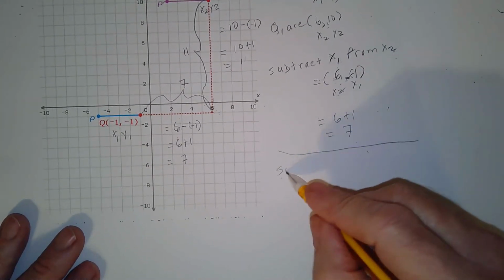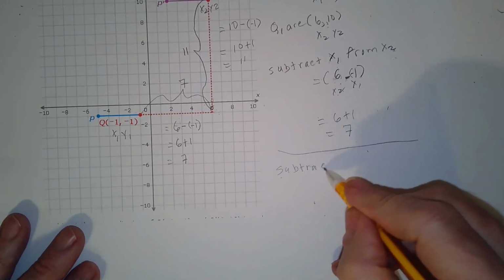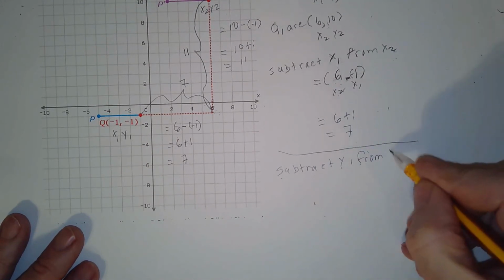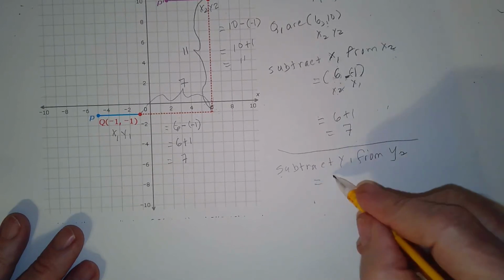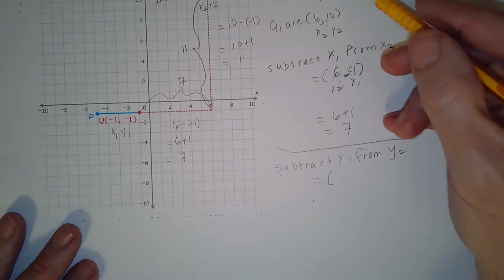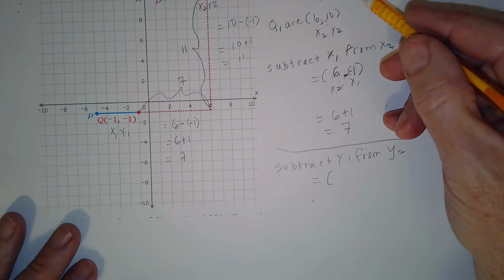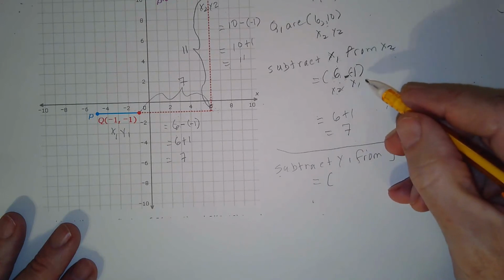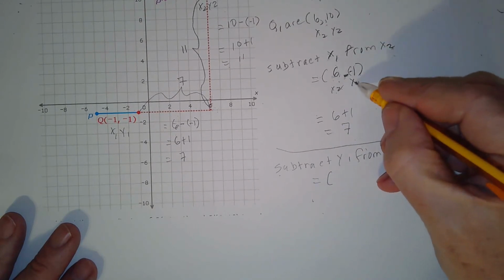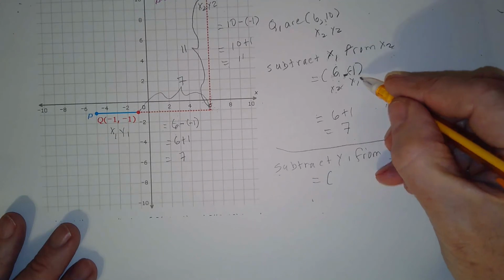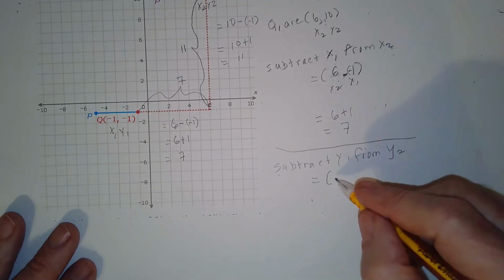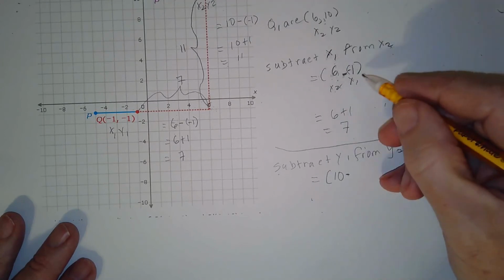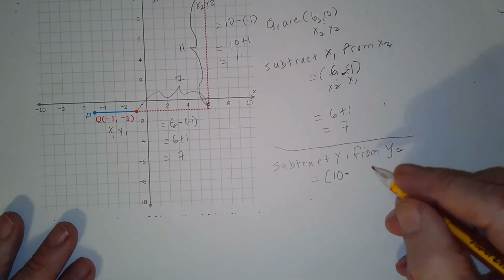All right, now we're going to subtract y1 from y2. I'm sorry, we're going to start with y2 again. So y2 is 10 minus, because we're subtracting, my y1 is -1.